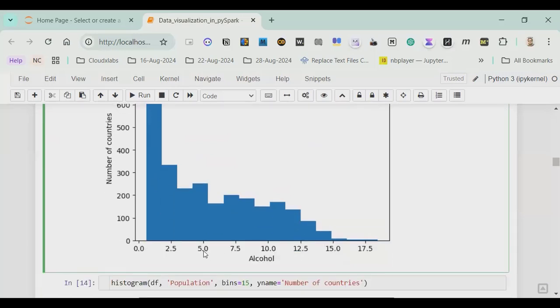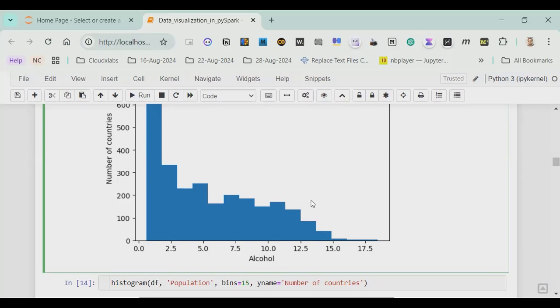Some of the countries even have alcohol of 12.5, 15, even further more. These are numbers of countries, but most of the countries are between below 0.5 and nearby 2. So nearby 2, 2.5, there are 300 plus, 320 or so, countries across the total.